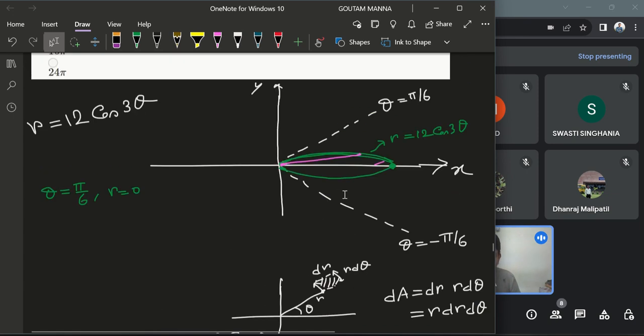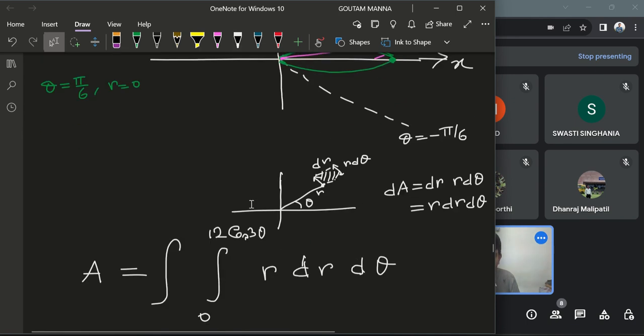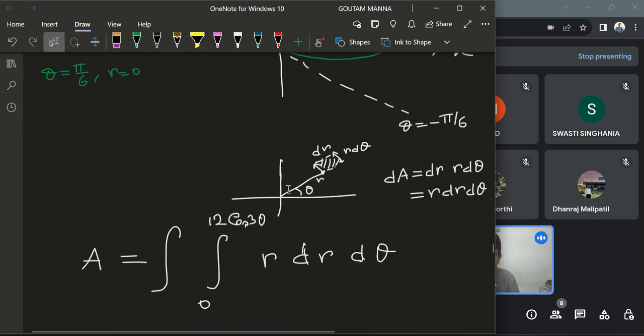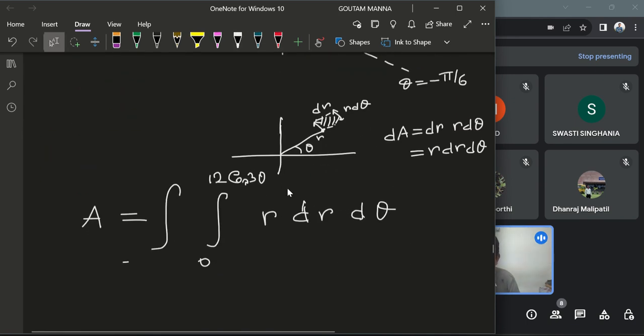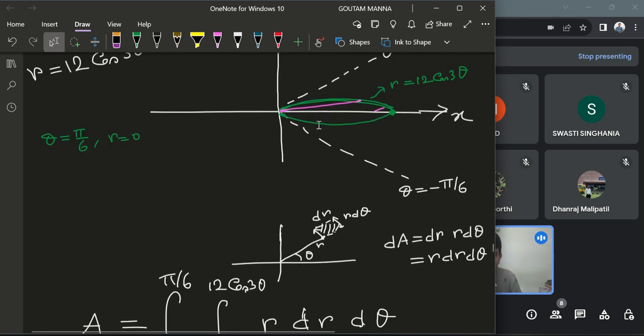So this will be the r integration, and now theta will be going from 0 to pi by 6 for half of this leaf, but if we want to calculate the entire leaf, it will be minus pi by 6 to pi by 6, right? Then it will cover the entire leaf.